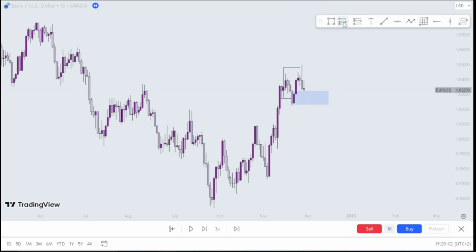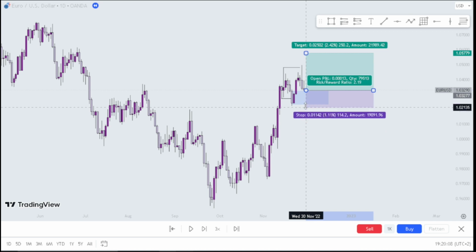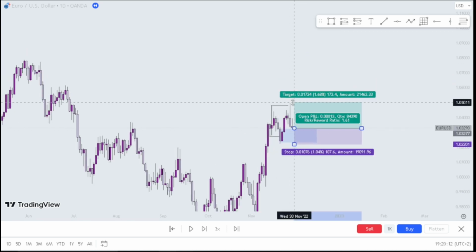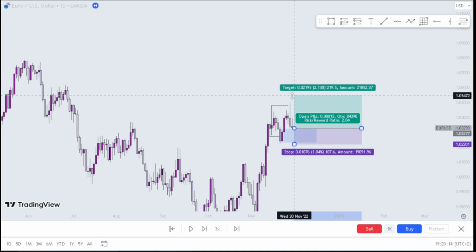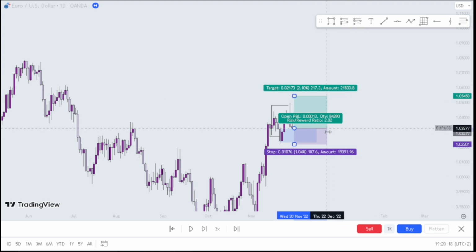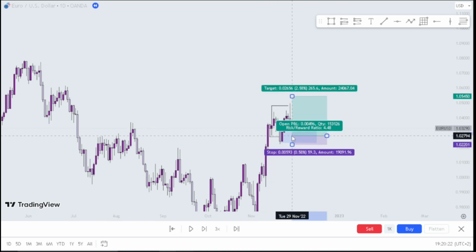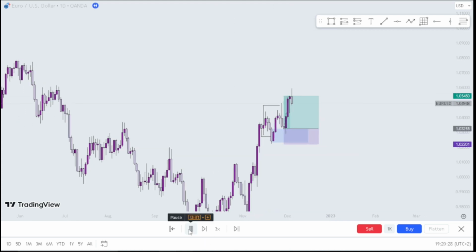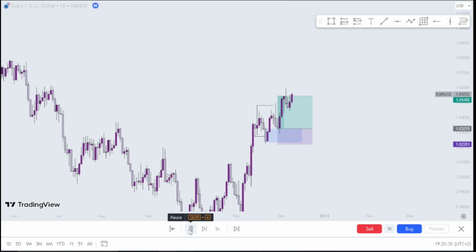So let's enter on the open of the order block. Stop loss just behind. Target, let's target a 1 to 2 in this scenario, just above the high. Or we could enter off the 50% instead. But let's just keep our entry here. Okay, target would have been hit in that scenario.